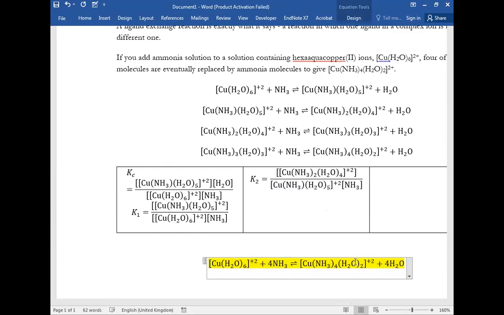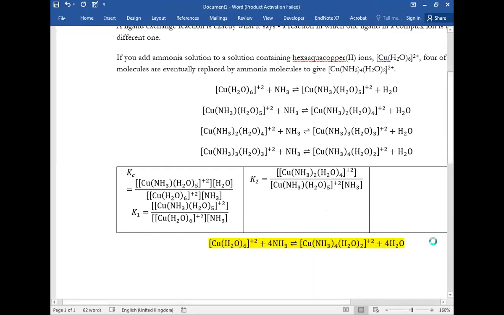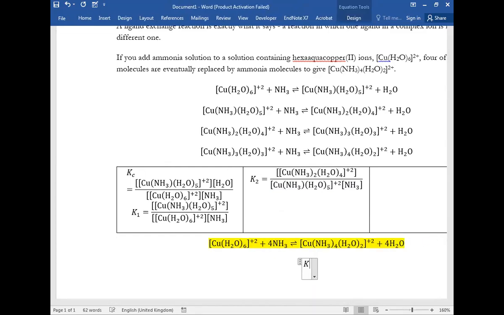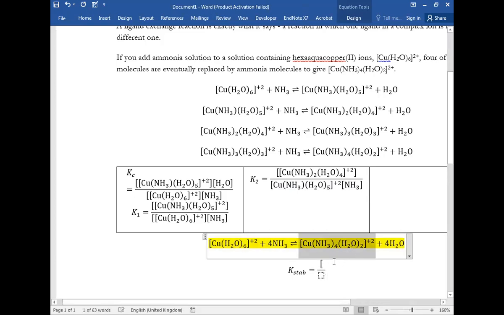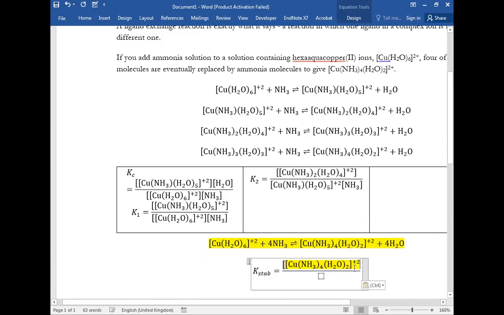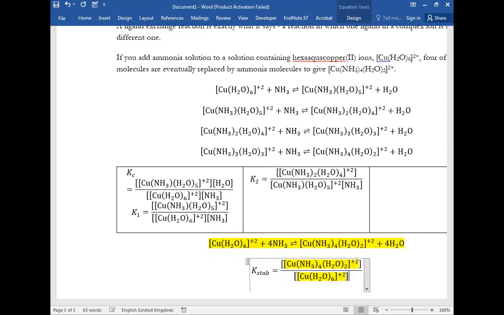Think about this carefully. Then tell me, if I ask you for the overall stability constant, what will it be? What will I get in the numerator? Is that right? And what do I get in the denominator? Now think about the individual constants that you have. And what will be the power of NH3?